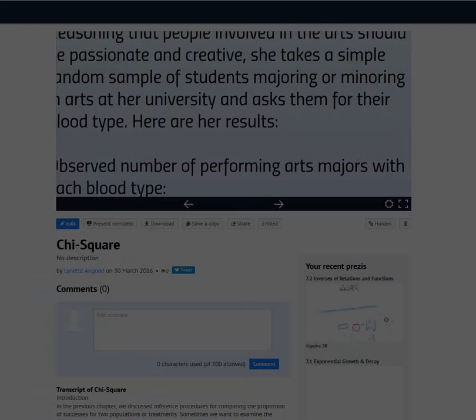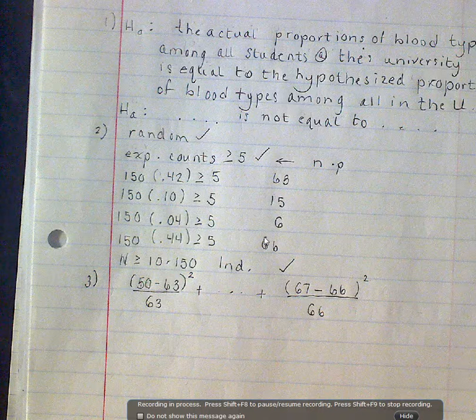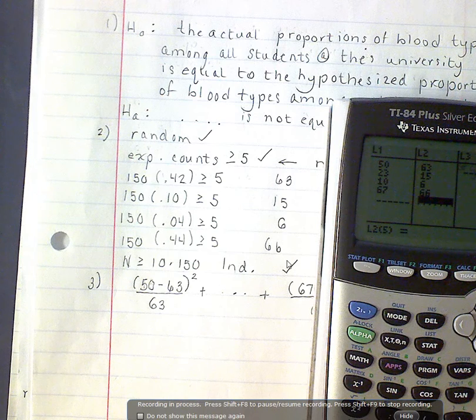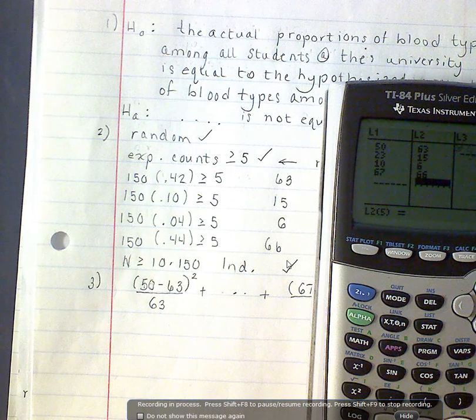Our expected we have recorded in our do: we expected 63 type A, 15 type B, 6 type AB, and 66 type O. So I have stored my observed in list 1 and my expected in list 2, which are not the same in this case. We're not looking for an even distribution.